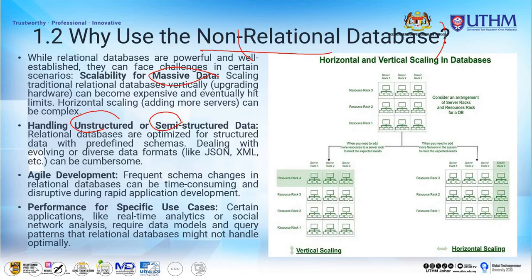So that is advanced level about database lah, so you don't have to worry about it. In order to improve the performance, we come out with a solution called non-relational database. So you can see here we have vertical and horizontal scaling.